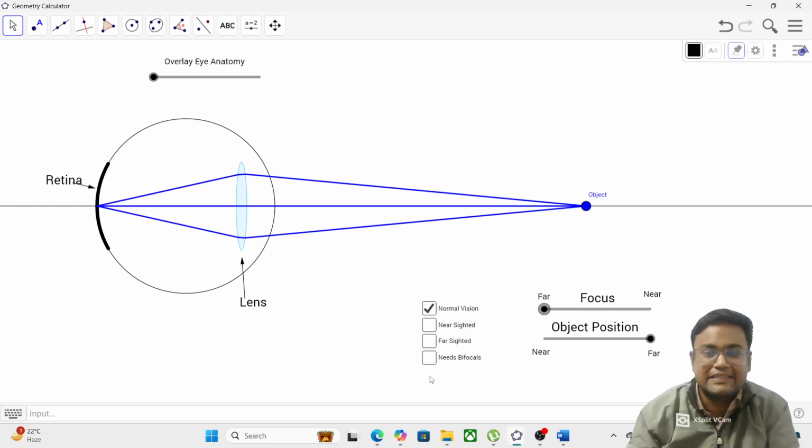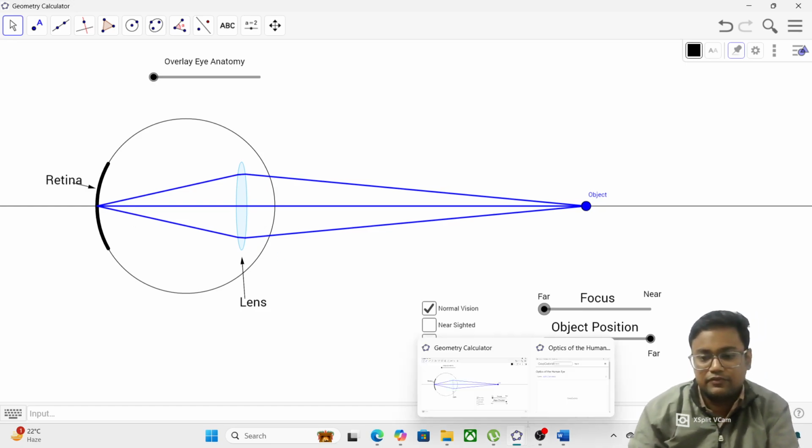Minimum power to maximum focal length, maximum power to minimum focal length, right? Now you can see the power is minimum क्योंकि focal length बहुत ज़्यादा है यहाँ पे. You can see the distance between the lens and the point of focus over here, that is the point of intersection of the two refracted rays, right?